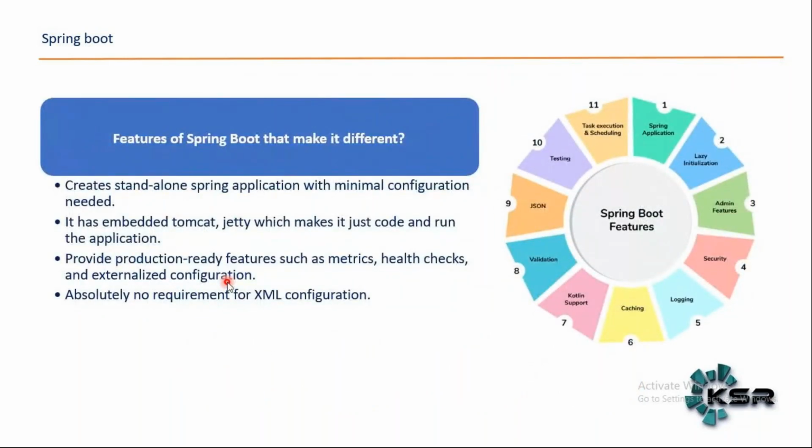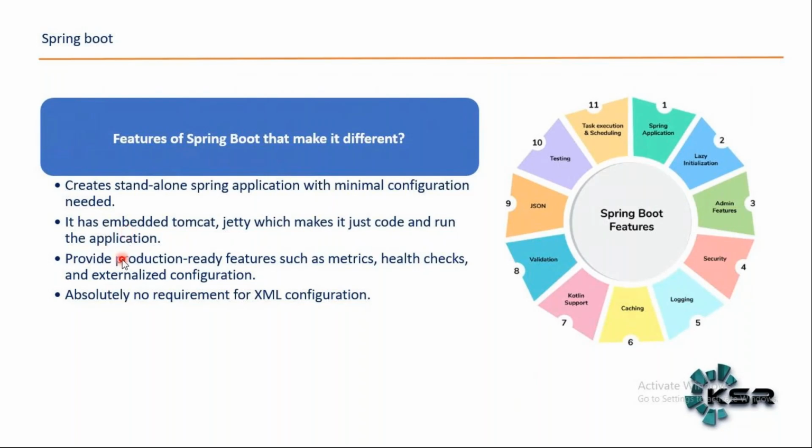What are the features of Spring Boot which make a difference between the Spring framework and Spring Boot or any other framework? It creates standalone Spring applications with minimal configuration. As I said, we don't need to manually write dependency injection and everything. It has an embedded Tomcat server and an embedded H2 database also.